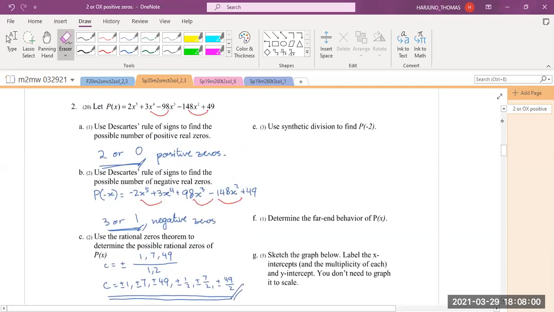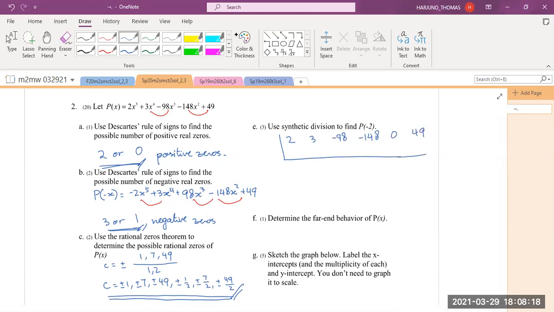Okay, now let's continue with part E. Part E, find P(-2) using synthetic division. So that's 2, 3, -98, -148, 0, 49. Most students, when they took this test, forgot this 0.